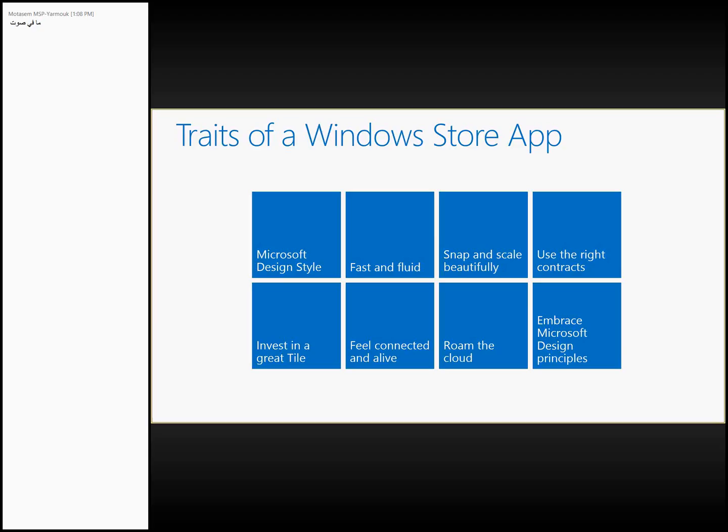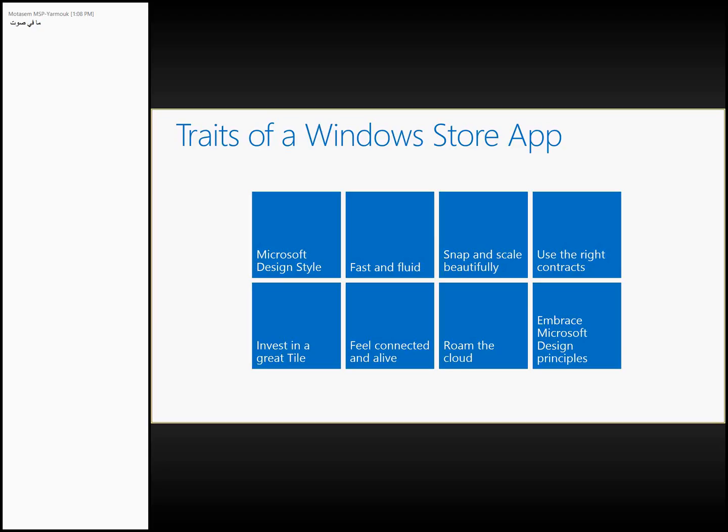We have a new start interface, so you can pin any application there, and you can contain some data on it. So some notifications, some information regarding your application, regarding your accounts as well. So this will be more connected and more alive. We will talk about it right now.